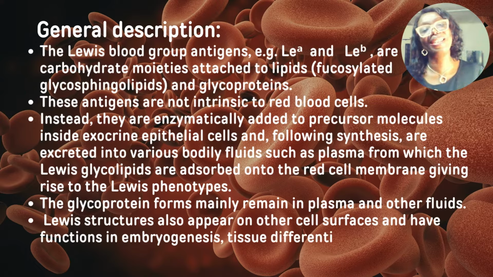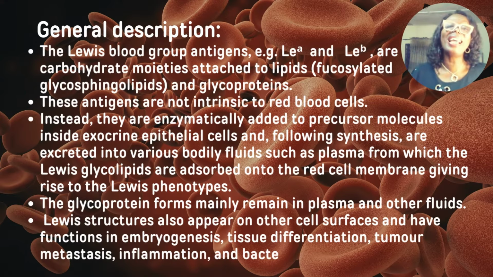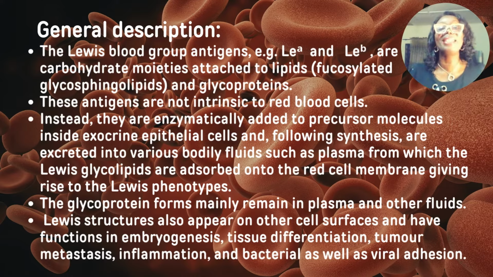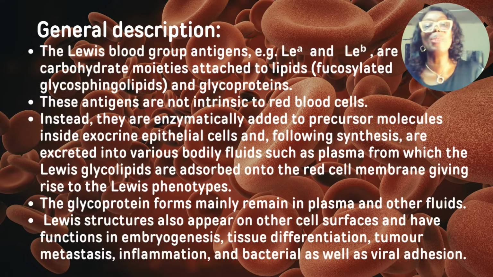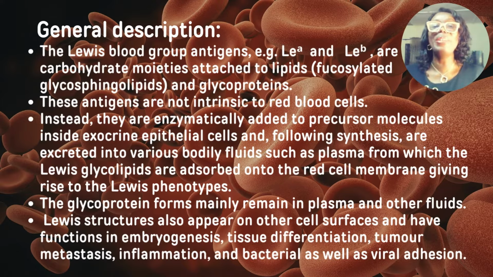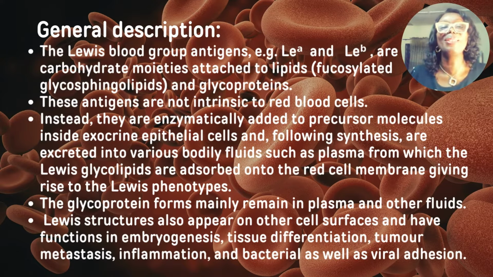They are not resident on the red blood cells, unlike the antigens of the other blood group systems that are an integral part of the red blood cell membrane. They are absorbed on the surface of the red blood cell from the plasma.